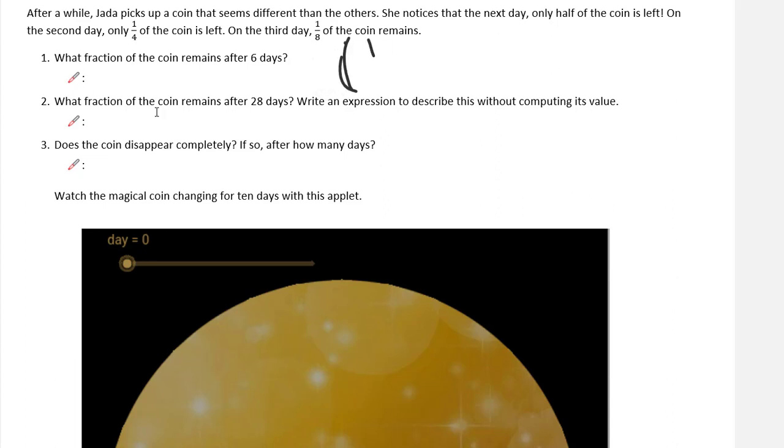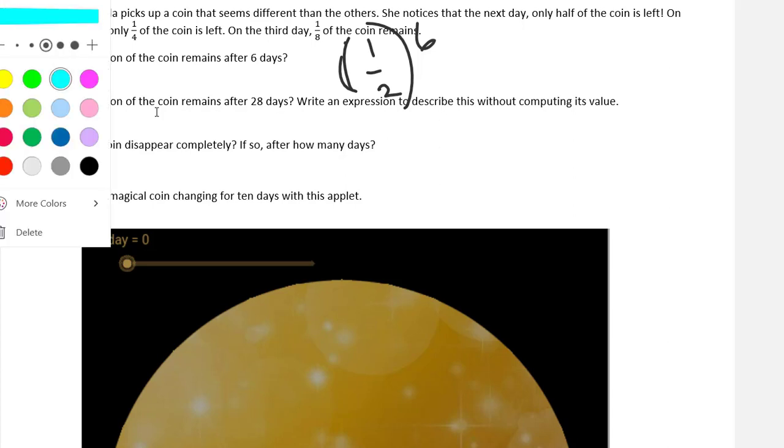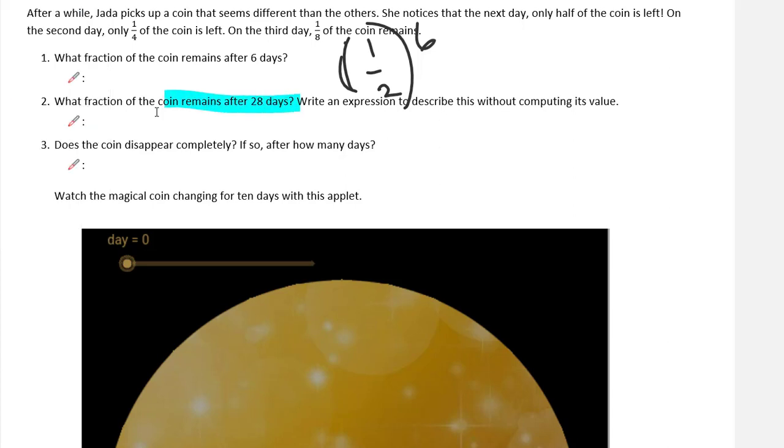So if you're thinking, you could write it like this: 1/2 in parentheses to the 6th power, you'd be correct. What fraction of the coin remains after 28 days? If you're thinking you would write that as 1/2 to the 28th power, you'd be correct.